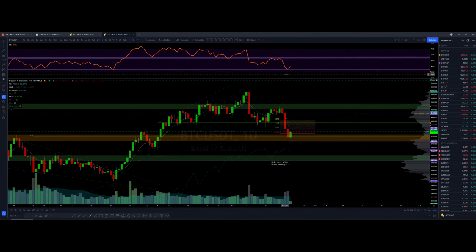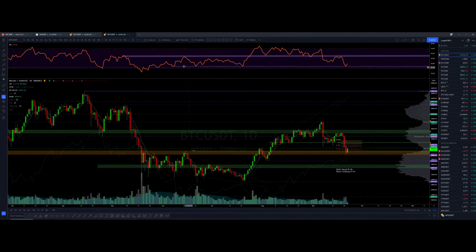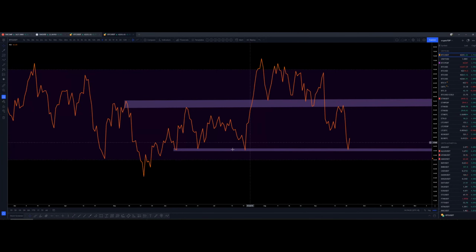You could say, well, we could look at RSI here. Look at the RSI here. We got the support over here. Look at this, 1, 2, 3. This is the fourth touch. So this is the only bullish thing that you could talk about. You could say that we can bounce from this support here.